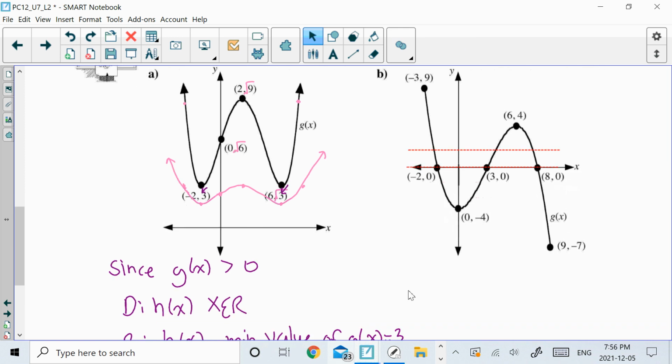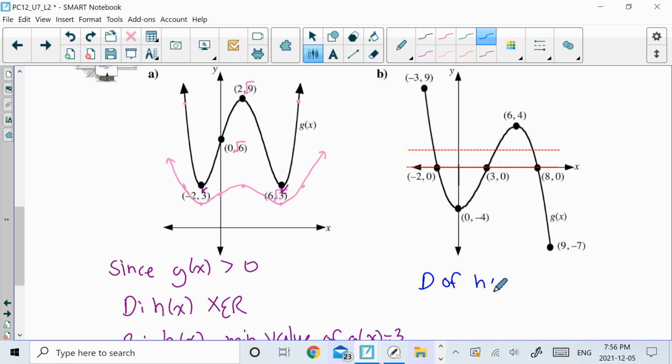Okay, let's do the domain of our radical graph, again without even graphing the radical. So the domain is going to be h of x. Remember, we look at the piece or pieces of the graph that are greater than 0. So that would be this piece and this piece. That's going to give us the domain of h of x.